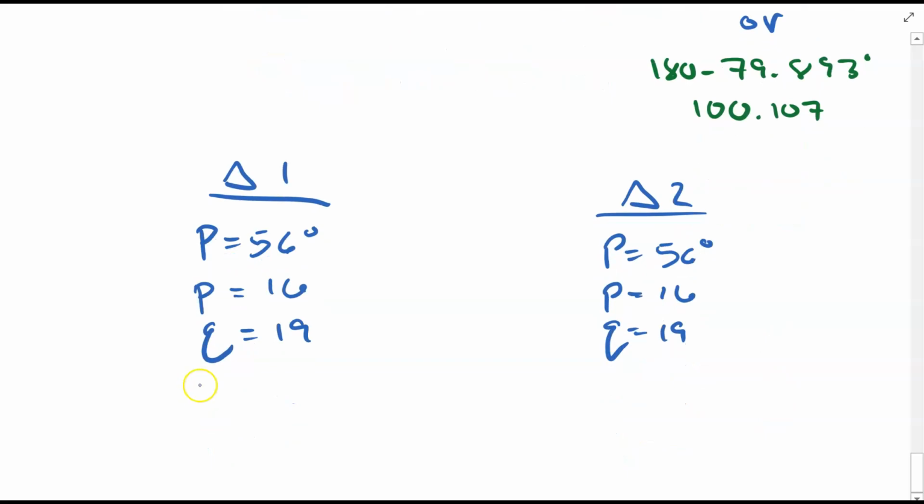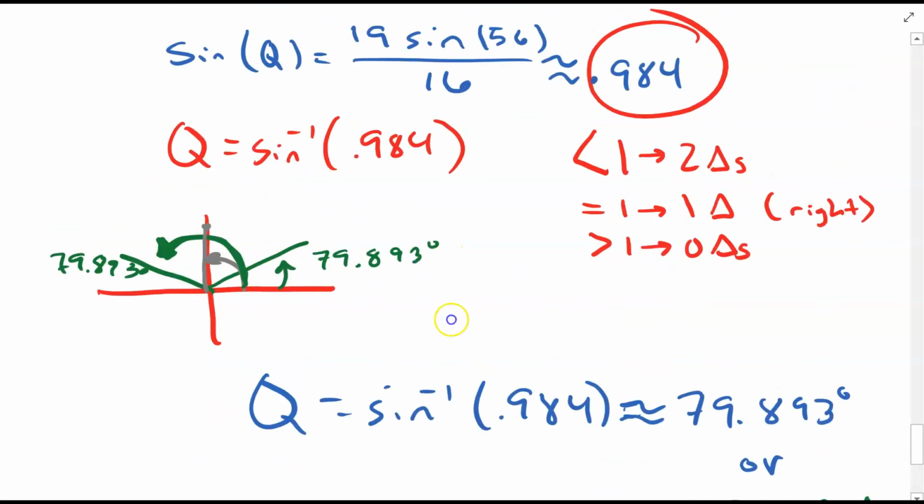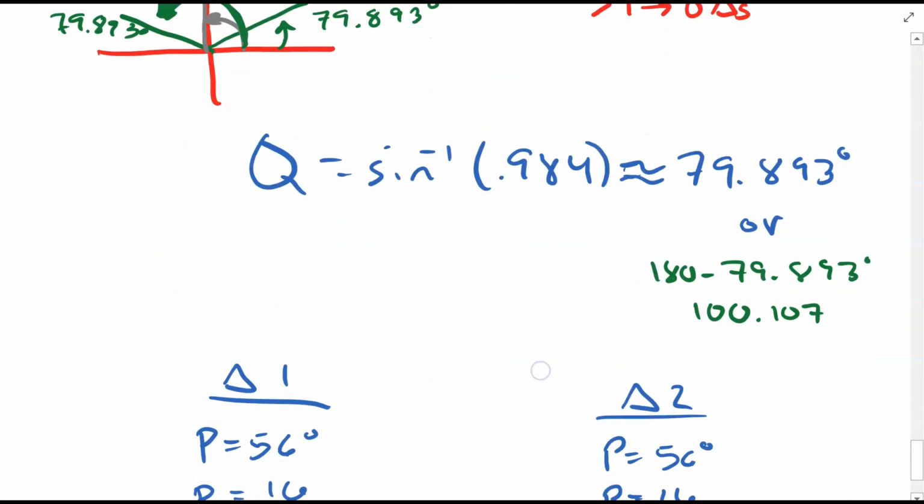But in the first triangle, angle Q is 79.893 degrees. And in the second triangle, angle Q is 100.107 degrees. Everybody so far so good? Did I name that third vertex? Oh good, I did call it R.